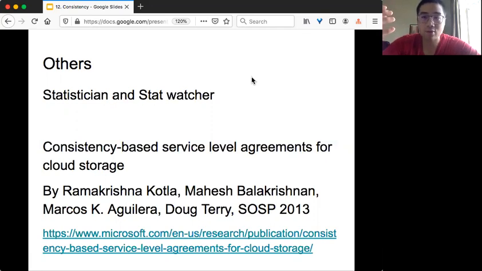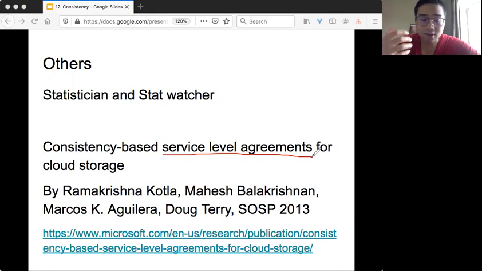extended this notion and then integrated it into a real system. So basically, they say that, okay, I have so many different kinds of consistency, and each of them has different latency guarantees and performance. So they say, why not have different SLAs, service level agreements, and then as a user, as a client, we can specify the consistency guarantee that we need.